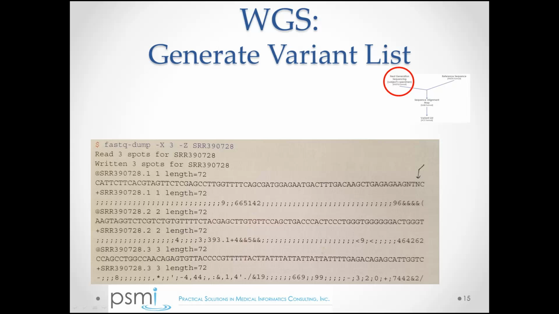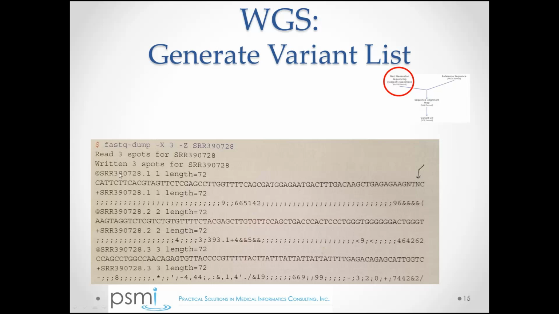One of the things you'll see is that in the FASTQ format there are 4 lines for each read. So one of the reads is 4 lines, then here's another read with 4 lines, and then another read, which is 4 lines.